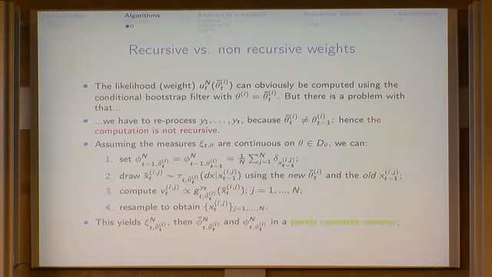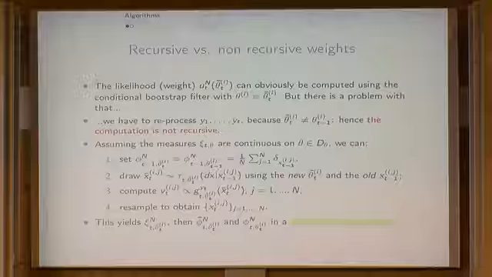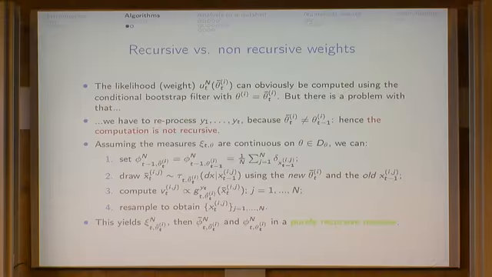But actually the way to avoid it is pretty simple. A different question is whether the thing is going to work later, but it's pretty simple. As we said, what the particle filter conditional on the parameter is actually producing is a cloud of points in the state space, which is linked to this parameter. So why don't you take that cloud of points in the state space and simply assign it to the new value of the parameter?